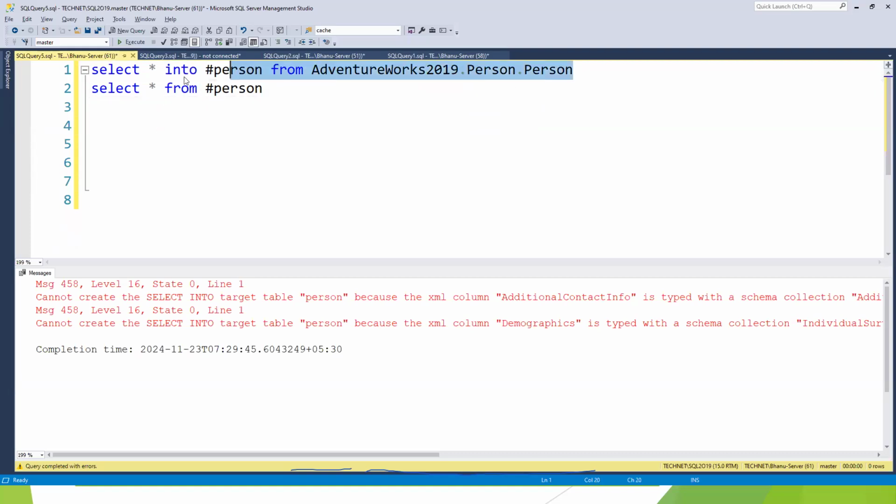So this query is depending on the first because the first query executes and inserts the data into the temporary table. Then only I can execute this query, right? This is what we call a dependency. The second query is depending on the first query, right?